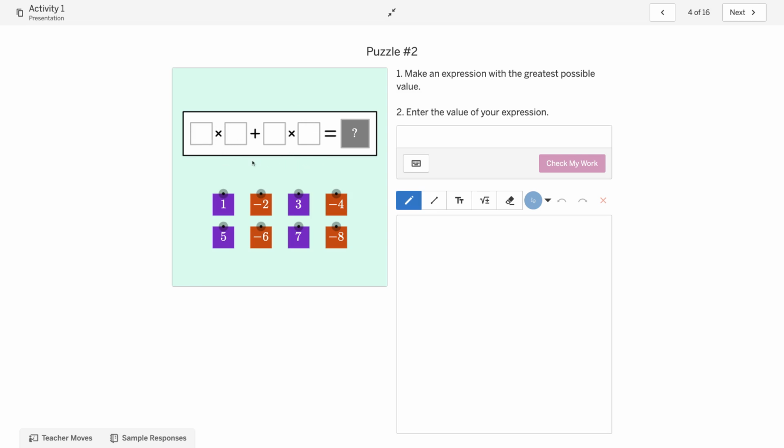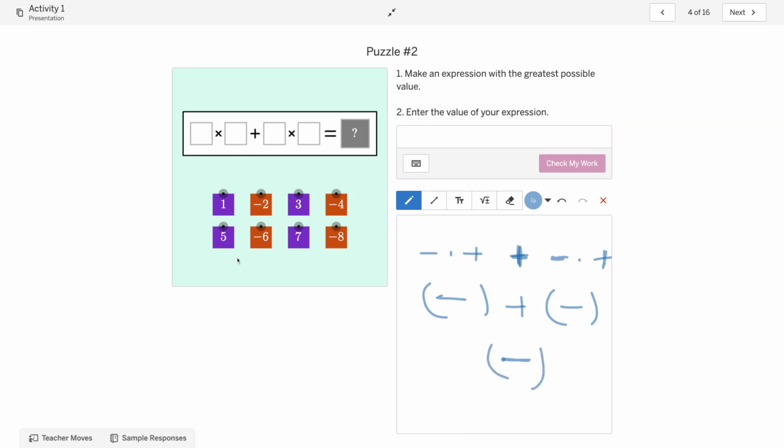So I definitely don't want to put a negative times a positive plus a negative times a positive. If I do that, I'm going to end up with a negative answer plus a negative answer, and that's going to give me a negative answer. That's not going to be the largest.